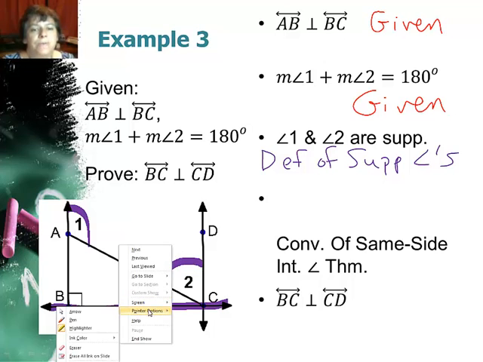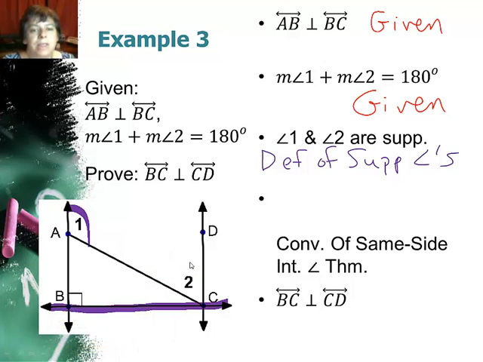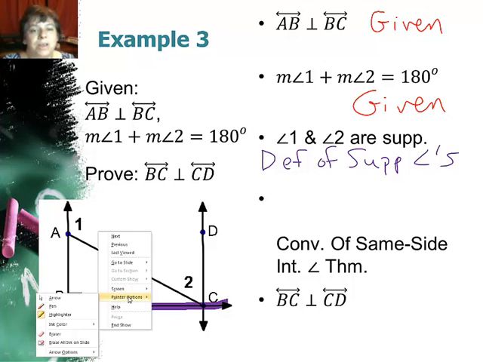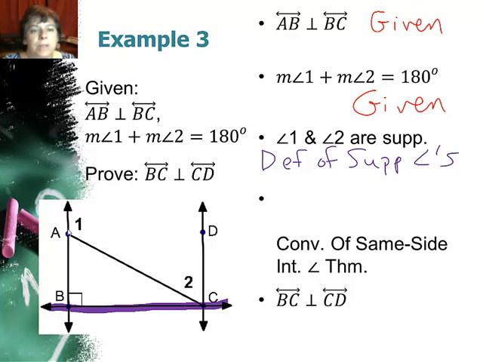That's actually for, here, let me erase this. That's actually for a different transversal, which is why I'm changing the colors on these. So let me go ahead and see angle 1 and angle 2. So we learned that those are supplementary. Well, they are same side interior angles for this transversal AC.